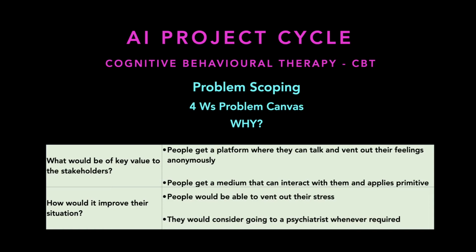They are safe, their identity is hidden, right? So the problem of that mental blockage of the society, what others will think about the person, is gone here, right? And then people get a medium that can interact with them and applies primitive, right?